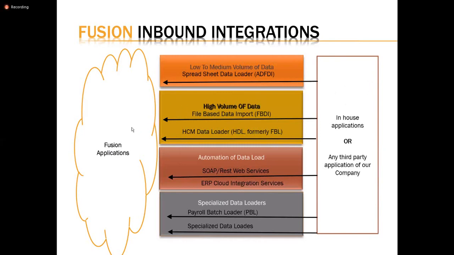So if you need to load the data in high volumes and ongoing maintenance from one system to another system on a frequent basis, then we have to go with this file-based data loader, and we will be using this file-based data loading very frequently, and it will be taking the most part of our inbound integrations.